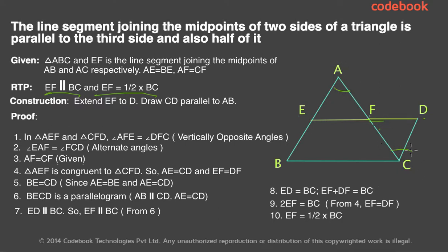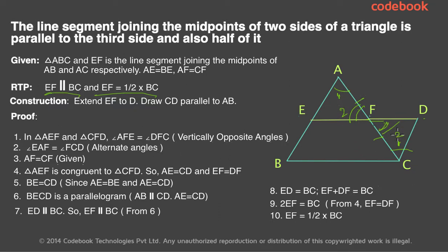Similarly, we know that AF is equal to CF because F is the midpoint of AC, that is given, and we also know that angle AFE and angle CFD are equal to each other because they are vertically opposite angles. So in these two triangles, we have two angles and their included side equal. So these two are congruent to each other by the ASA theorem.